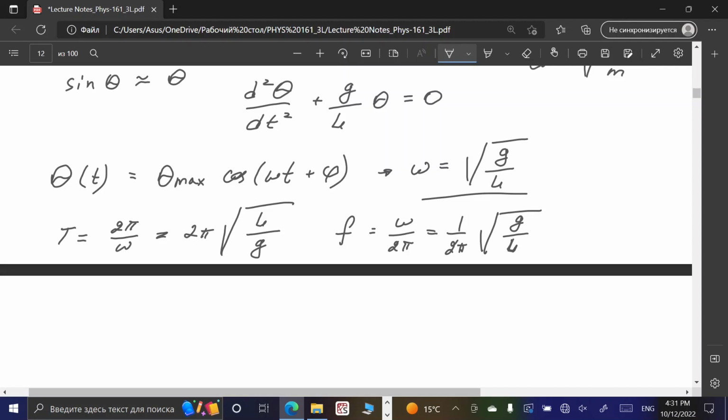And we see, for instance, for the period, if we pick up this parameter, that only the length of the pendulum and acceleration of free fall, which at some approximation can be considered a constant parameter on the surface of the Earth, define the period of a mathematical pendulum.